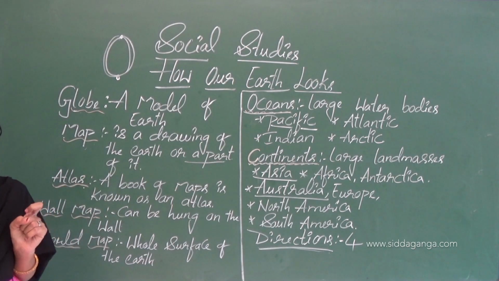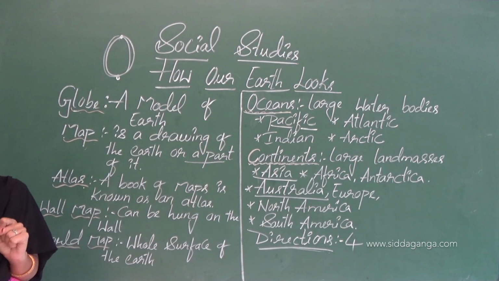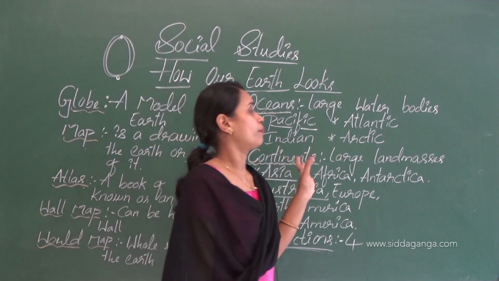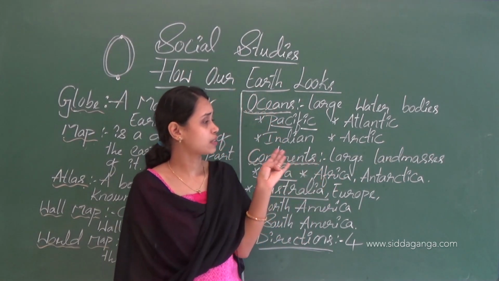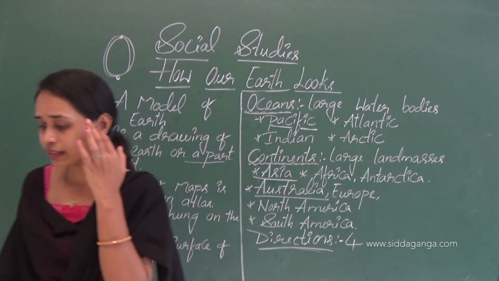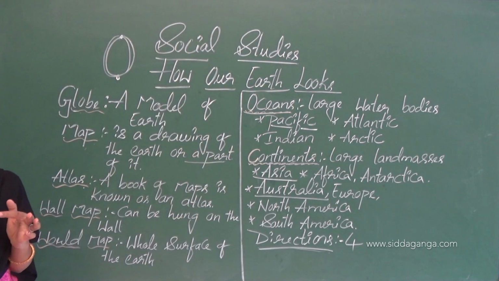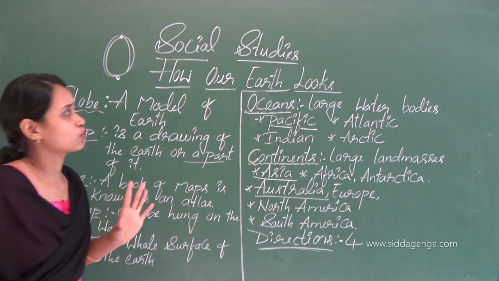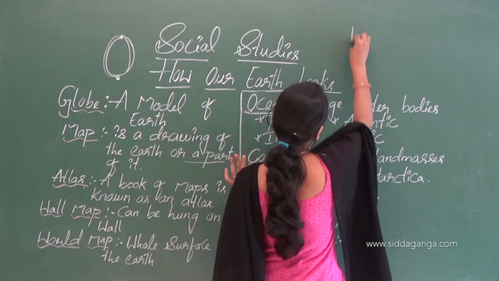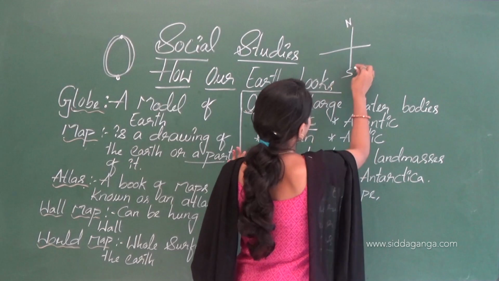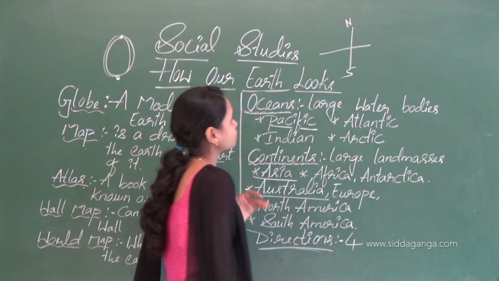So when we hang a map on the wall and stand in front of it, for example, I am hanging the map. If you stand in front of the map, the top of the map shows the north, okay, and the bottom shows south.